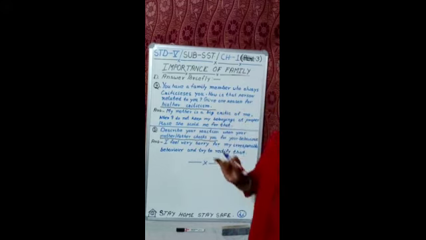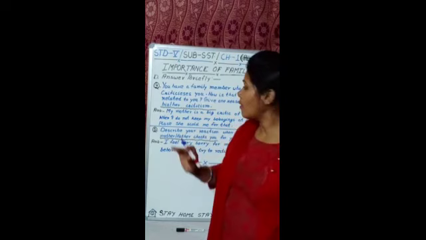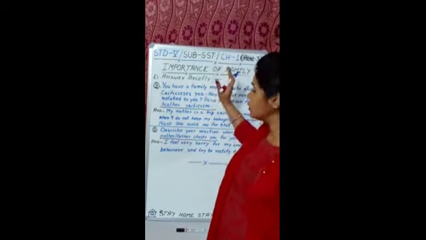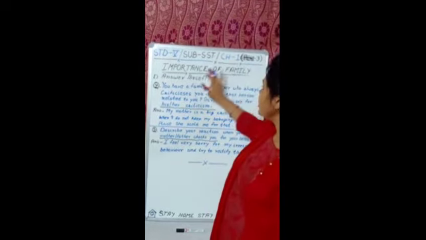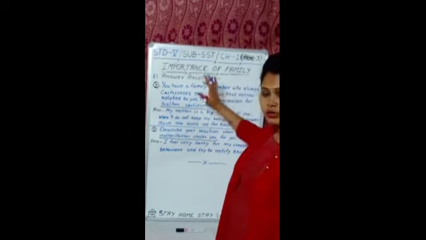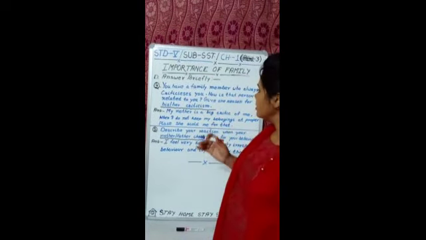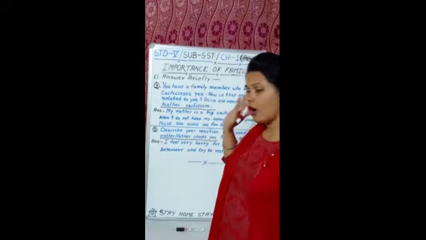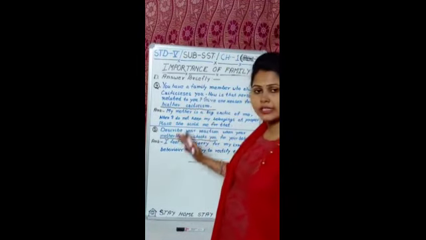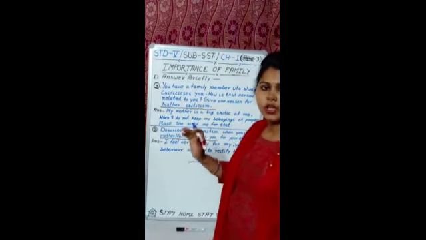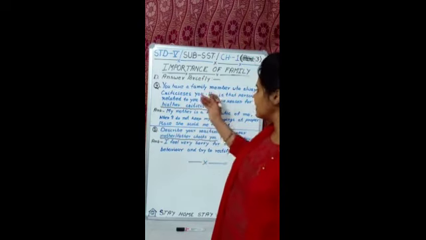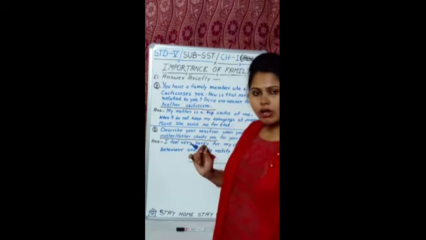You have to just take one review of all these part 1, part 2 and part 3 of chapter number 1, importance of family. So that's all about this chapter. So we have explained all topics, we have done all the exercises, question answer, tick the correct option, filling the blanks, true false and question answer. So that's all about that.